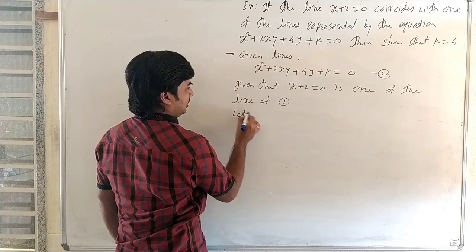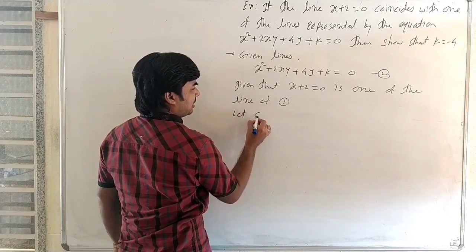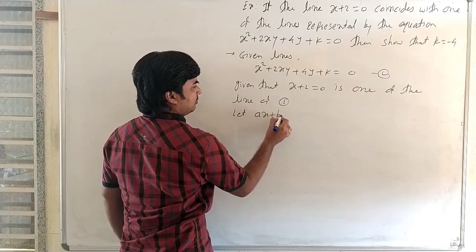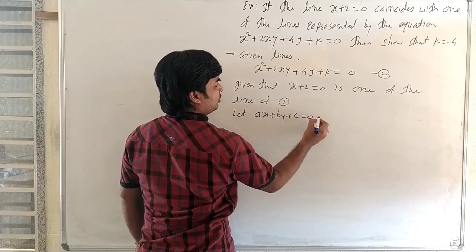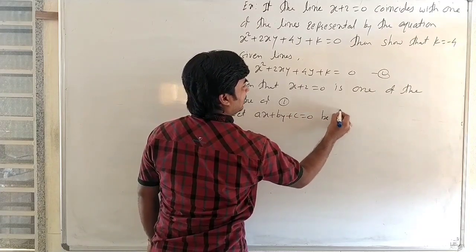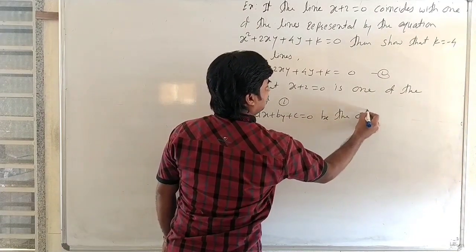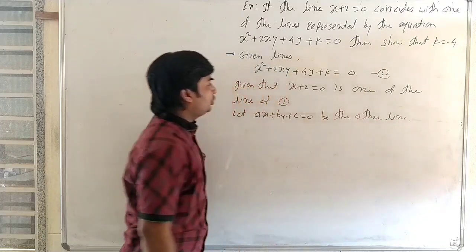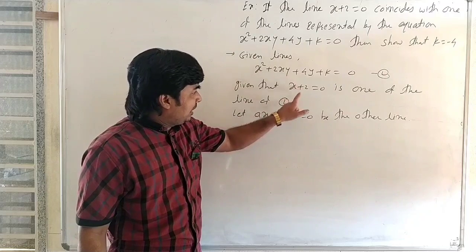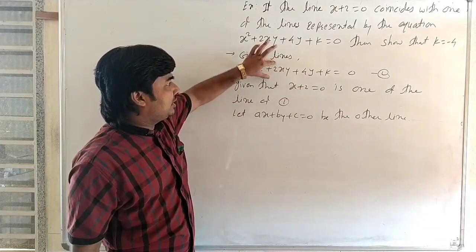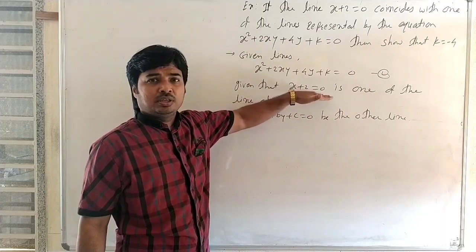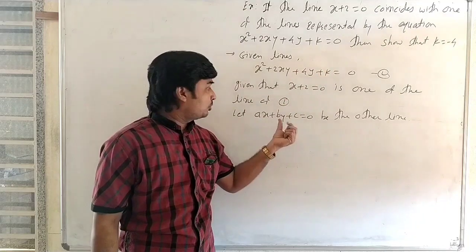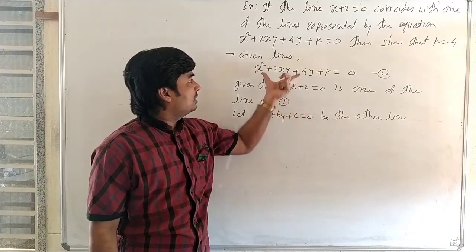Let another line, consider ax plus by plus c equal to 0 be the other line. Then we know that the combined equation of these two lines represents this line, because one of the lines is given and the other line we consider.